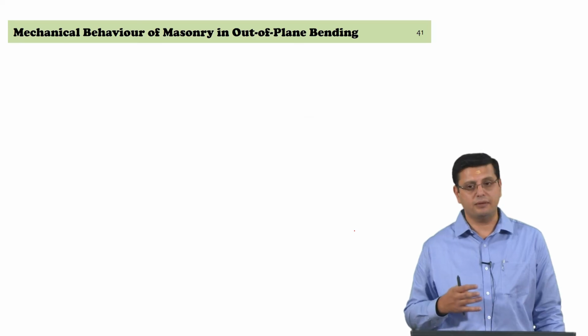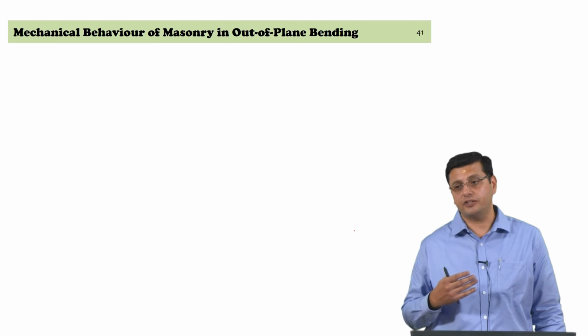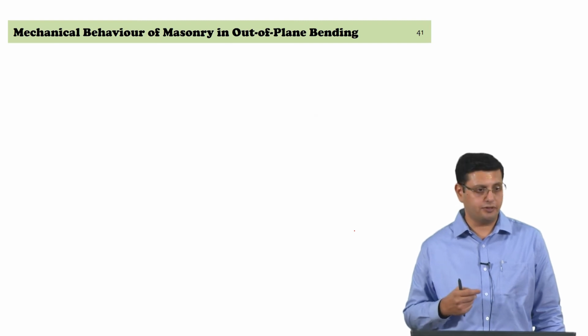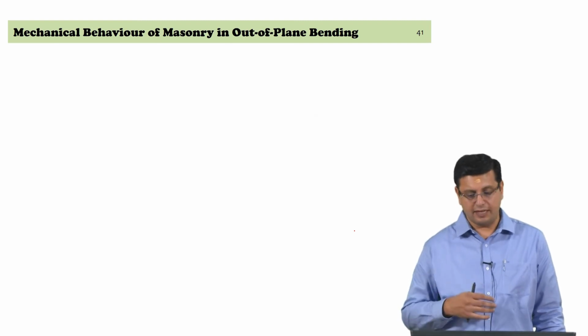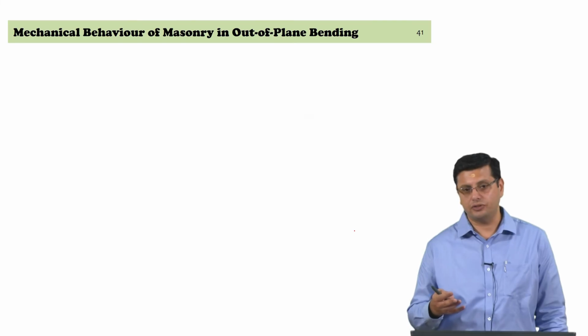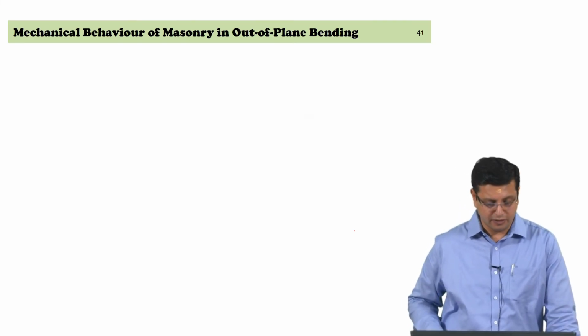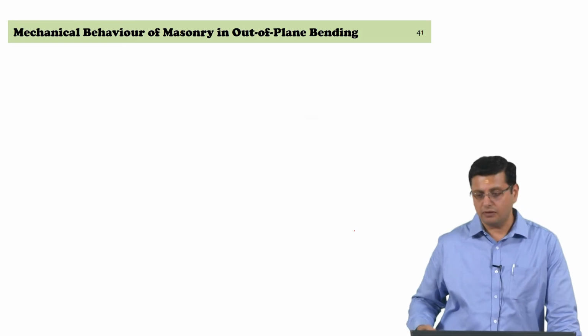If you remember, we examined flexural tensile strength normal to the bed joint and flexural tensile strength parallel to the bed joint. Now, time has come when we start examining the role played by those parameters and the orthogonal strength ratio that I mentioned to you earlier in the behavior of the masonry wall in bending.